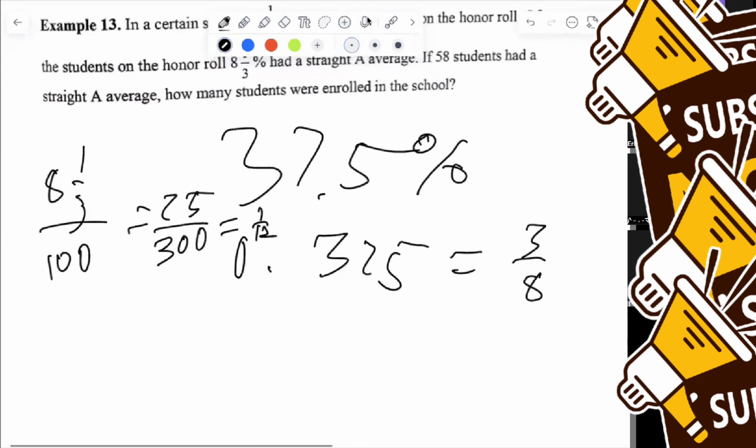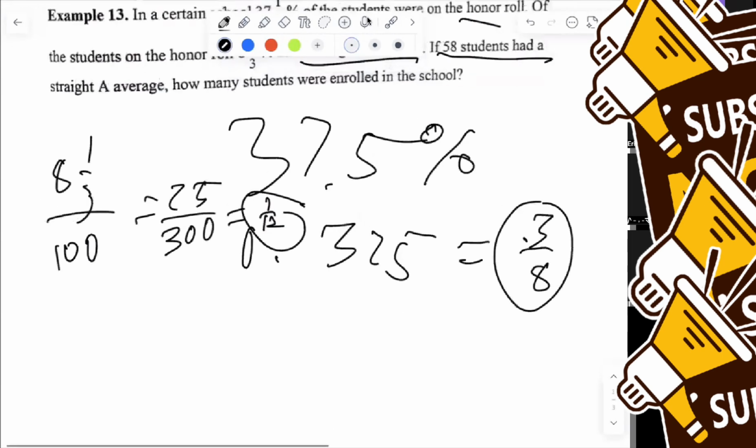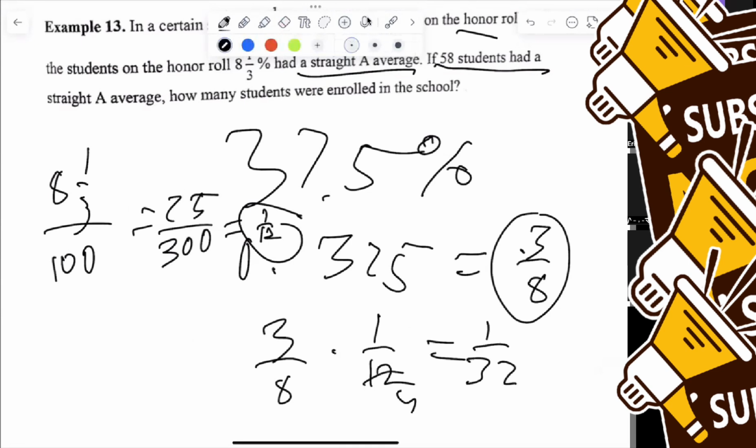Multiply these fractions together, we can get how many had a straight A average and were on the honor roll. 3/8 times 1/12 is equal to 3/96, which is 1/32. This gives you 1/32 of x, and this is equal to 58. And x is the total number of students.